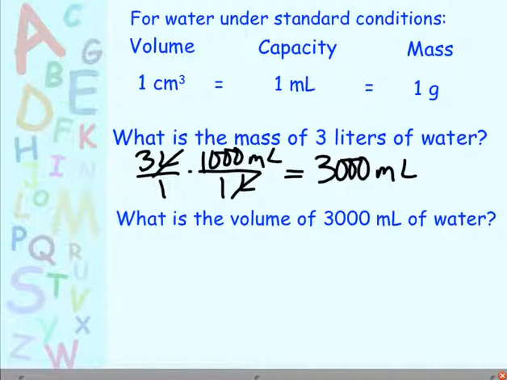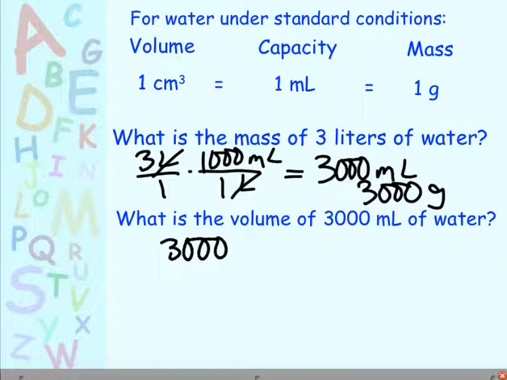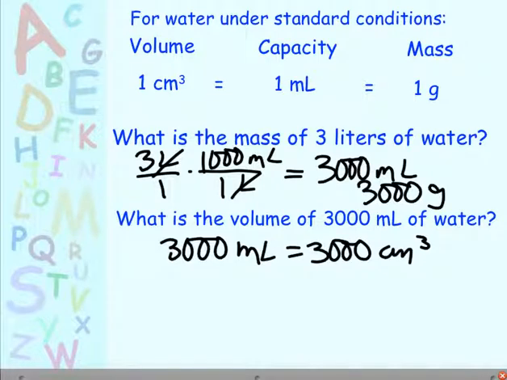For every 1 milliliter, we have 1 gram, which means we have 3,000 grams. So what's the volume of that 3,000 milliliters of water? If I have 3,000 milliliters, that means that I have 3,000 centimeters cubed. That would be the volume of the water.